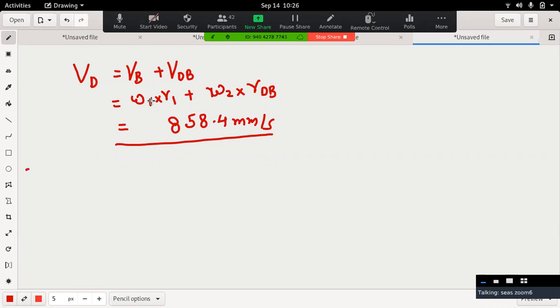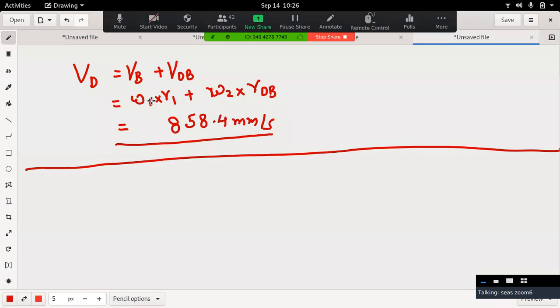So this is one method to determine the velocity, and this is purely an analytical method. The analytical method is very much suitable for computer programs. When we write programs in any software, we can just write these equations easily. We can do vector and matrix multiplications or matrix addition easily.